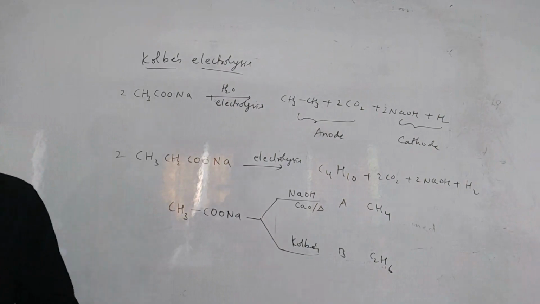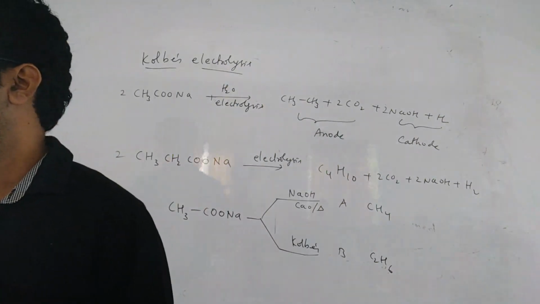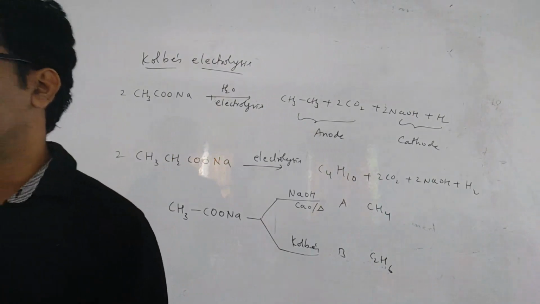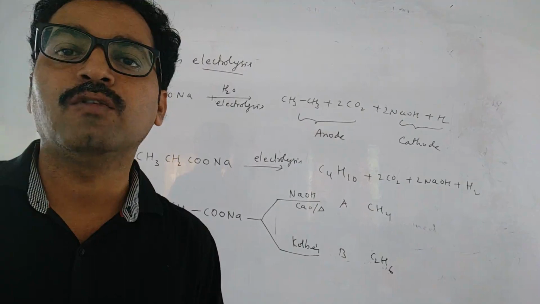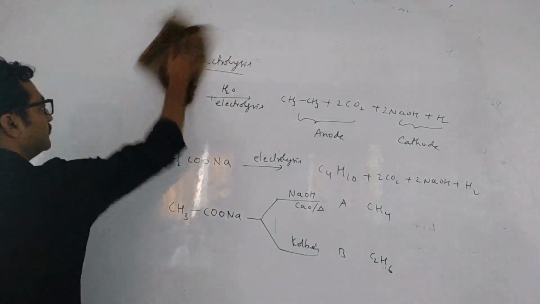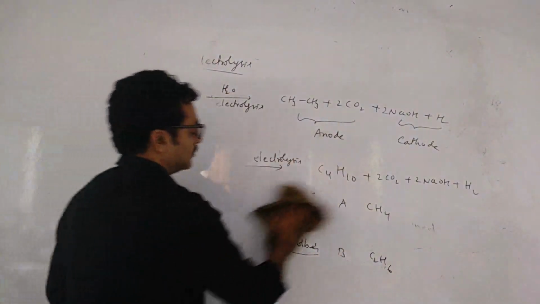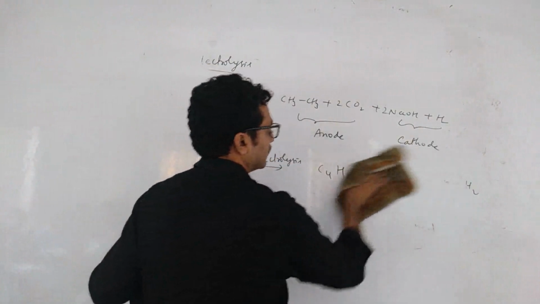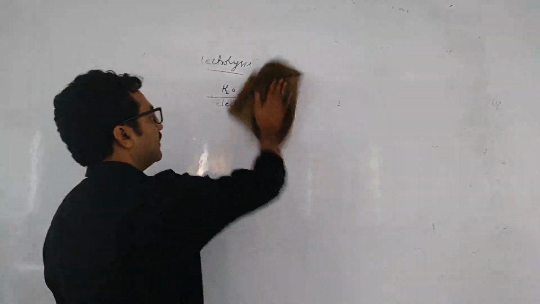Now the fifth and very important one is from carbonyl compounds. 2 more named reactions you will get: Clemmensen reduction and Wolff-Kishner reduction. Very, very important. Right? So from acids, 2 methods we have seen. Now we will go with carbonyl compounds. How can you prepare alkanes from carbonyl compounds?